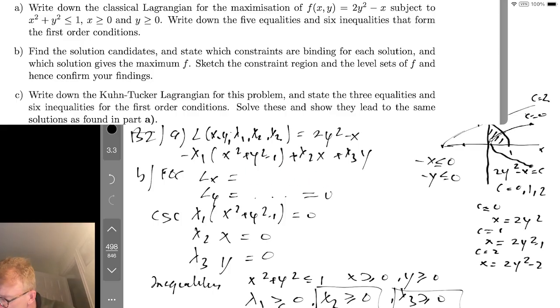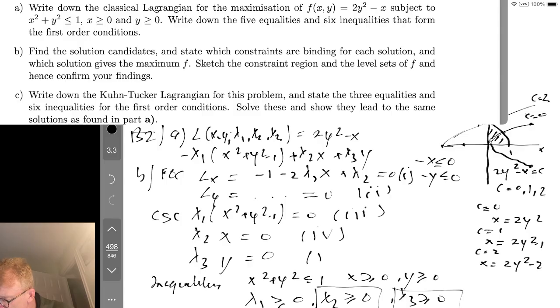So Lx is minus 1 minus 2 lambda 1 x plus lambda 2 equals 0, and that's condition 1.